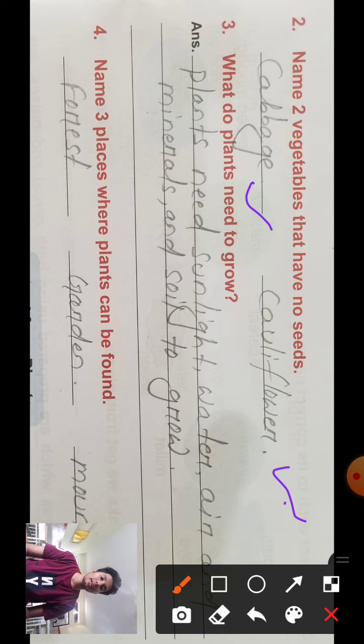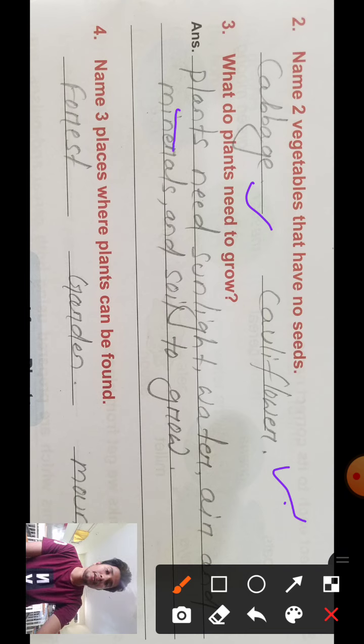Plants need sunlight, water, air, minerals and soil to grow. Okay students, once again I repeat the question with the answer. Question number 3, what do plants need to grow? Plants need sunlight, water, air, minerals and soil to grow.